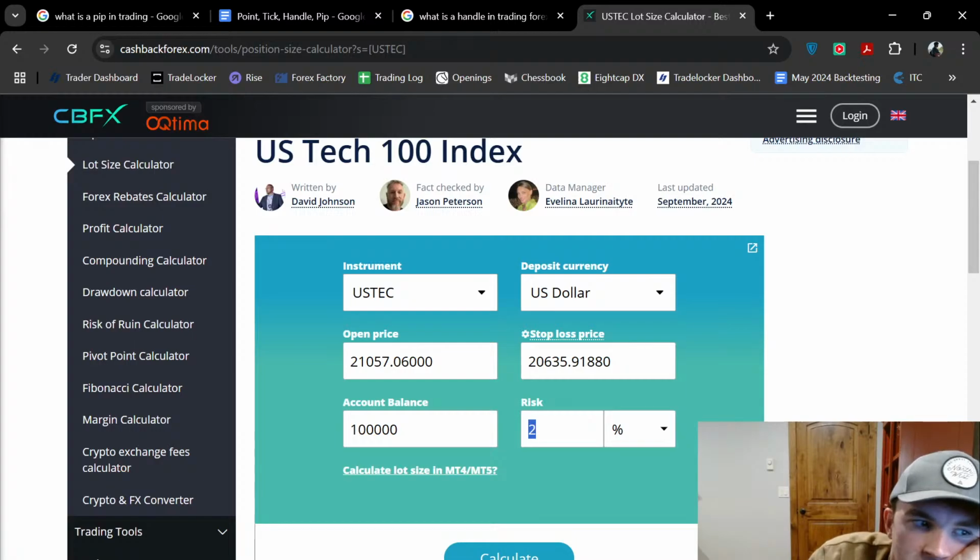So I have to do this every time I go on the charts, every time I want to take a trade. 50,000.